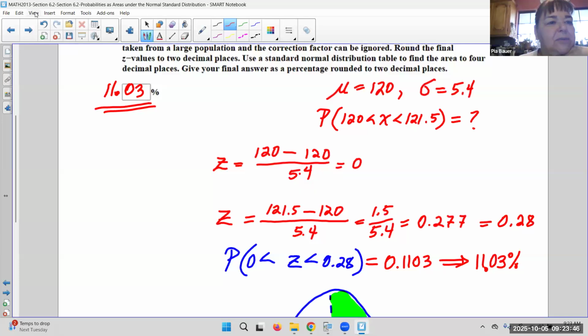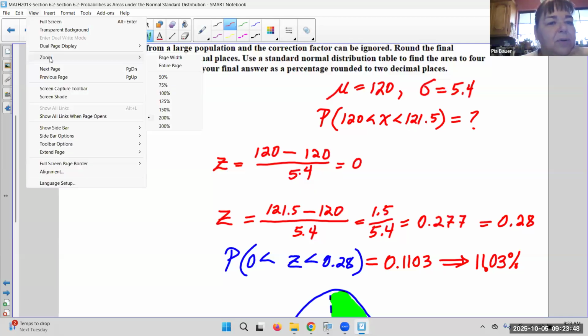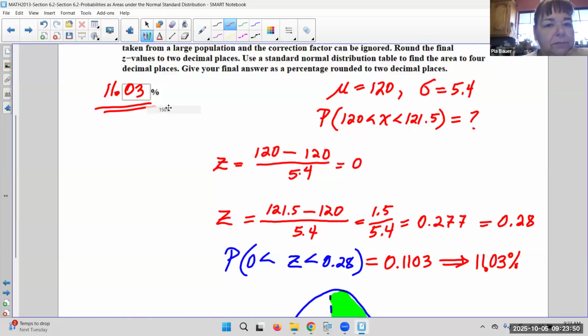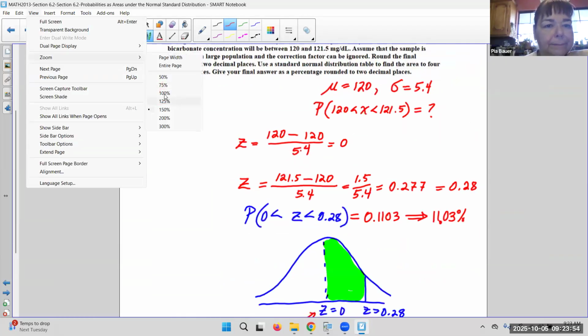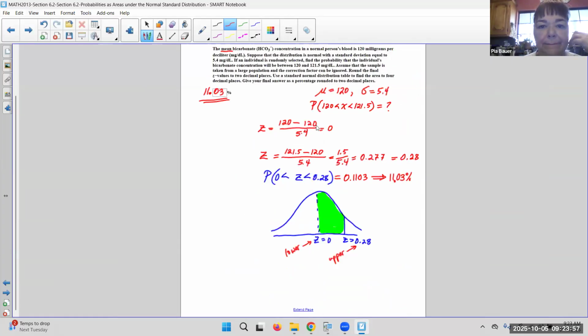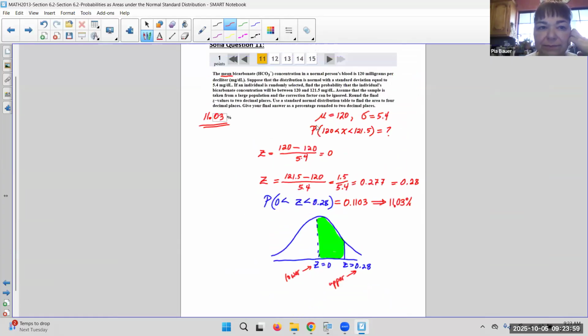Now, let me make this a little bit smaller now so you see the whole problem, as well as the work.